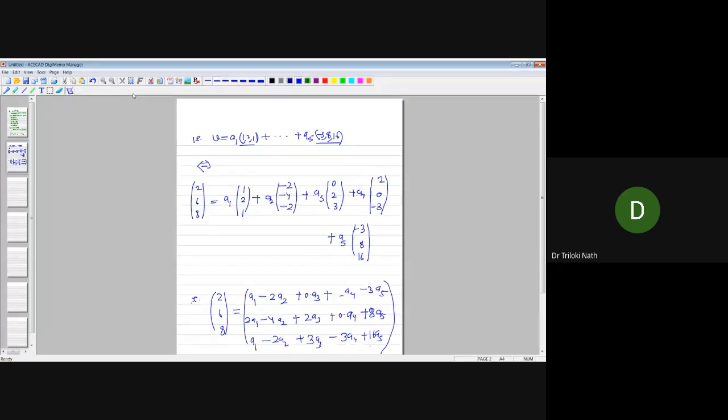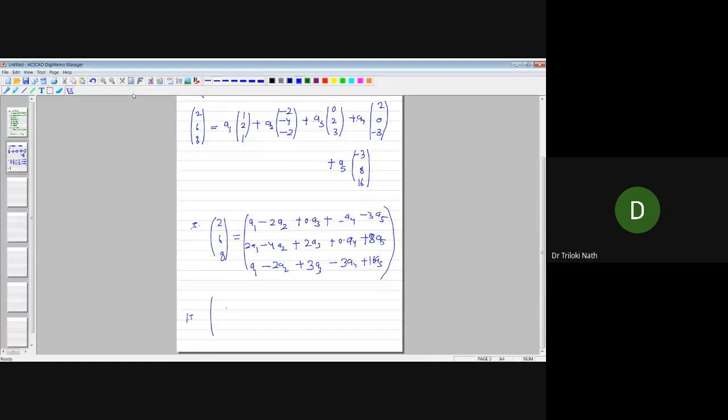Okay. In matrix format, you can write it like this: (2, 6, 8). This is a 3 cross 1 matrix. And here, what are the coefficients? 1, -2, 0, 2, -3.